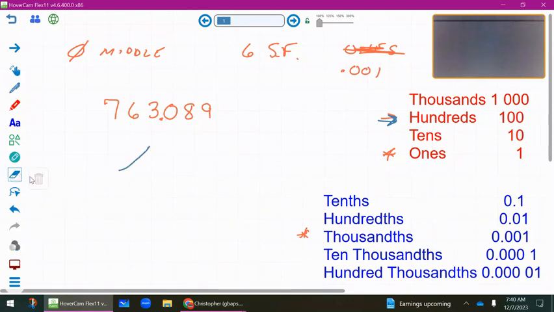So first of all, I got to get rid of that decimal. Now, the problem with our number right now is that it has 6 sig figs, but it needs to end in the hundreds place, which means this 9 needs to be in the hundreds place. So how do I make that 9 into the hundreds place?